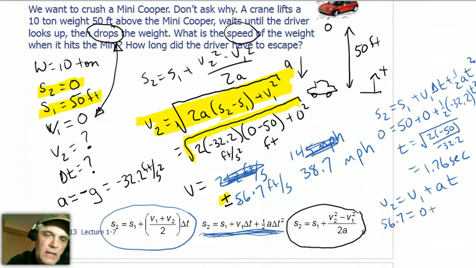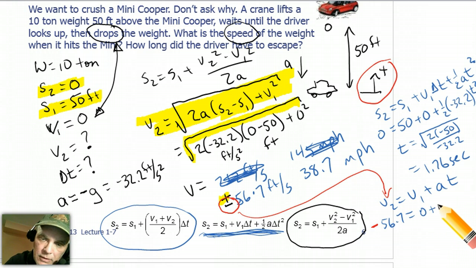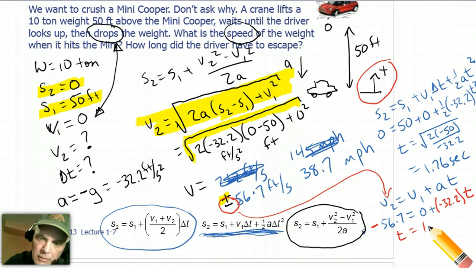If it had asked for velocity, we would have chosen the negative one because we chose positive as up, so the velocity when it hits is minus 56.7. That's important because we have to use the vector value here. So this should be minus 56.7 minus 32.2 times t, and t would come out to be the same thing, 1.76 seconds.